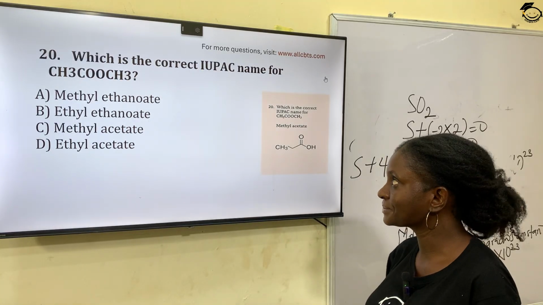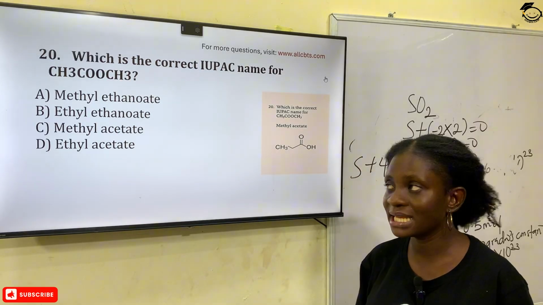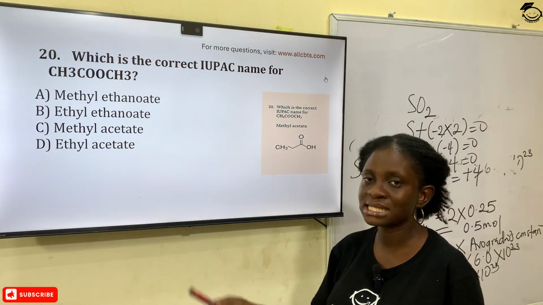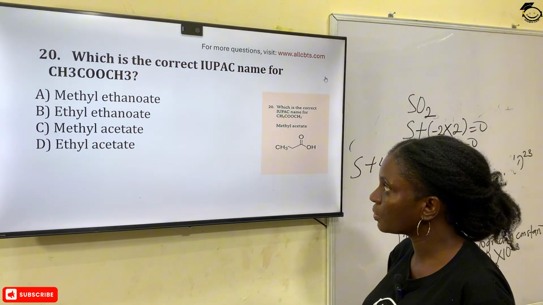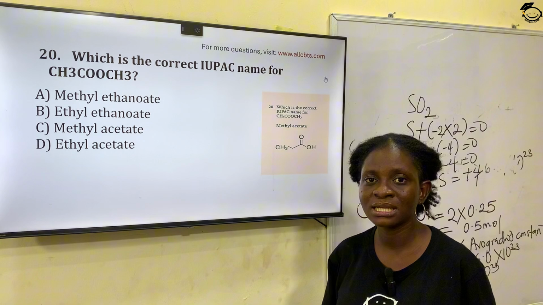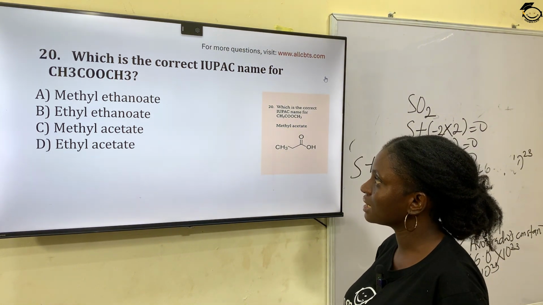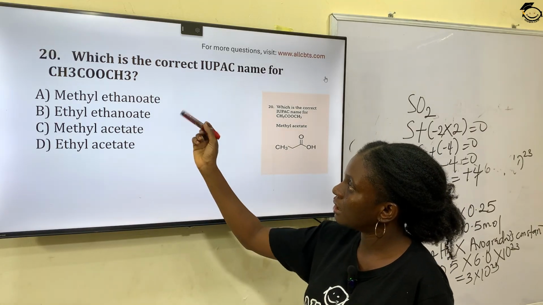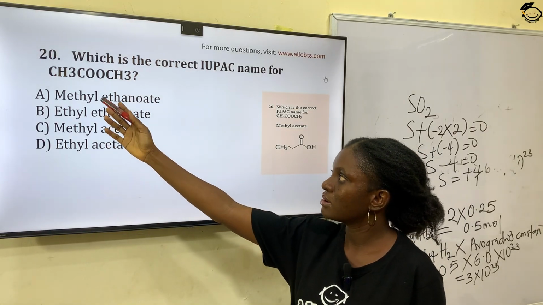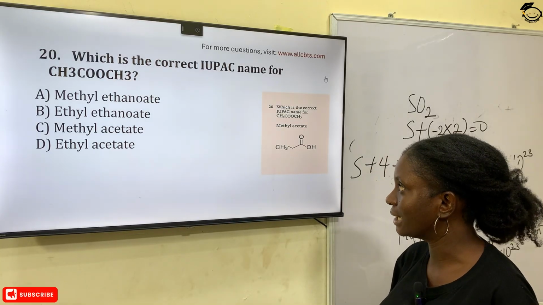Question 20. What is the correct IUPAC name for this? CH3COOCH3. This compound is an ester, and if you look at it, it has a methyl group and an alcohol part combined together.